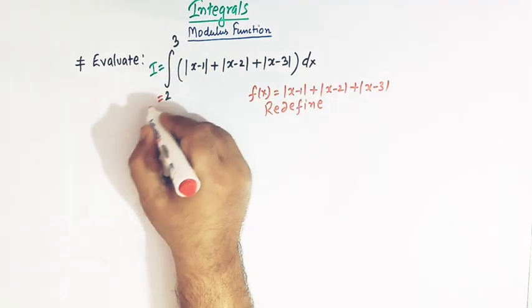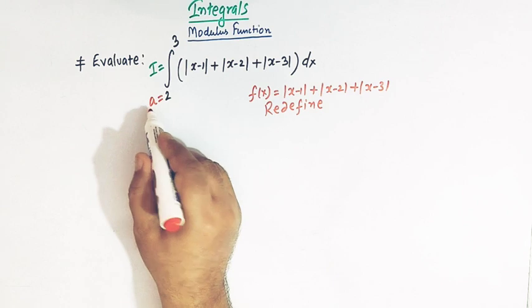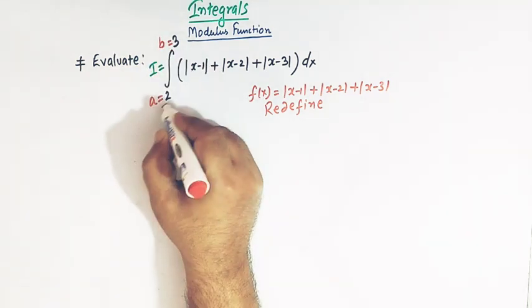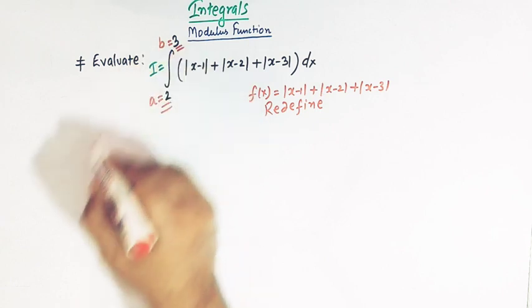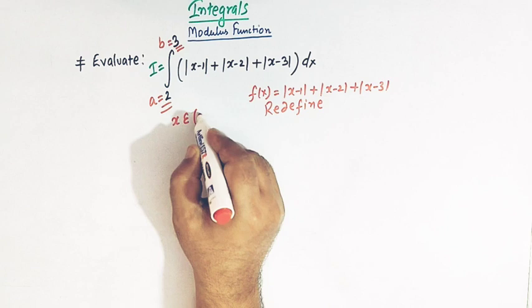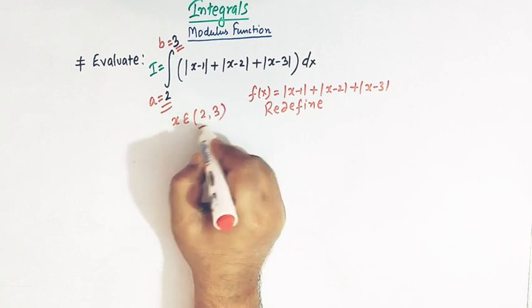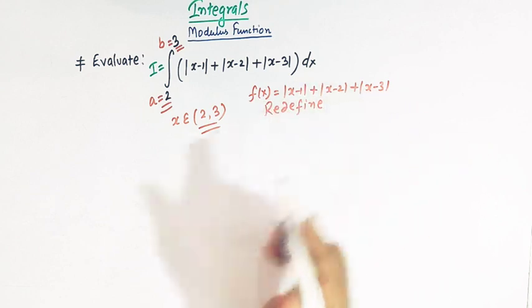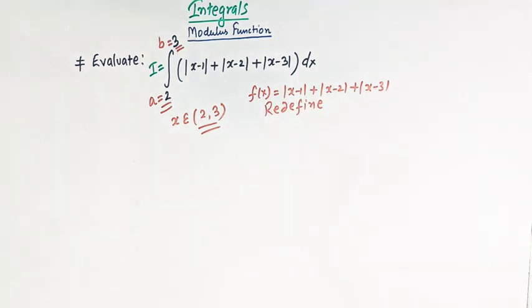So the lower limit, let us say it as a, and the upper limit as b, right? So the lower limit is 2 and the upper limit is 3, right? So our x belongs to the interval 2 to 3. So now what we will do, we'll first see the definition of mod function.